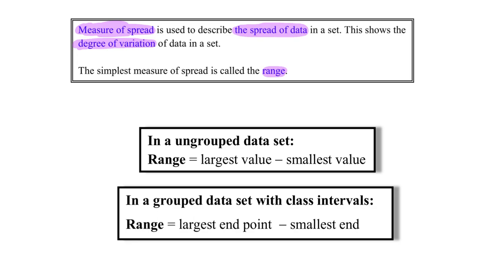How then can we find the range? Well, it depends on whether it is an ungrouped data set or a grouped data set. Ungrouped data set, it is the largest value minus the smallest value in that ungrouped data set.